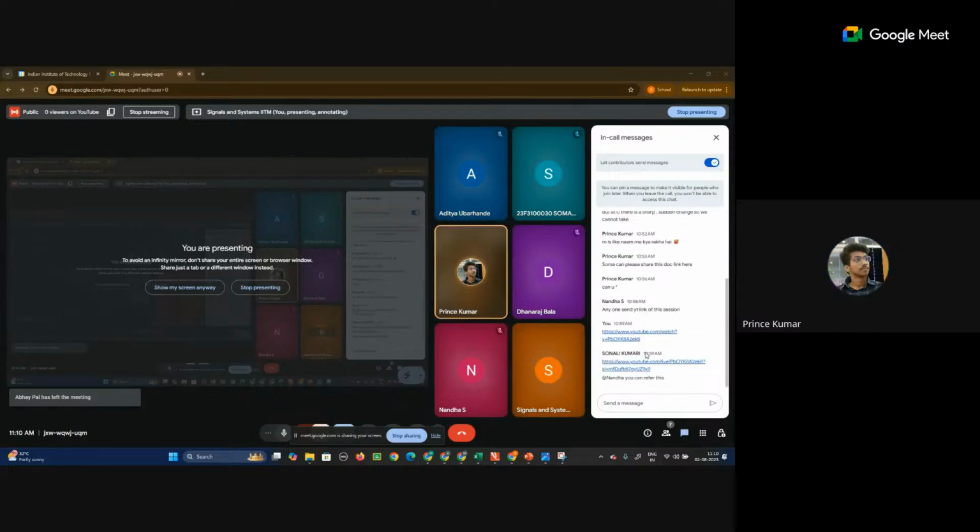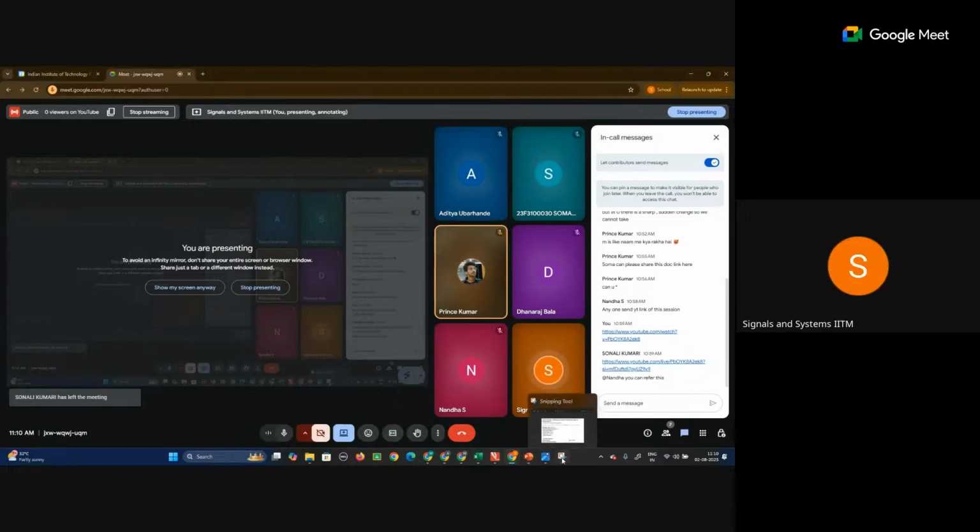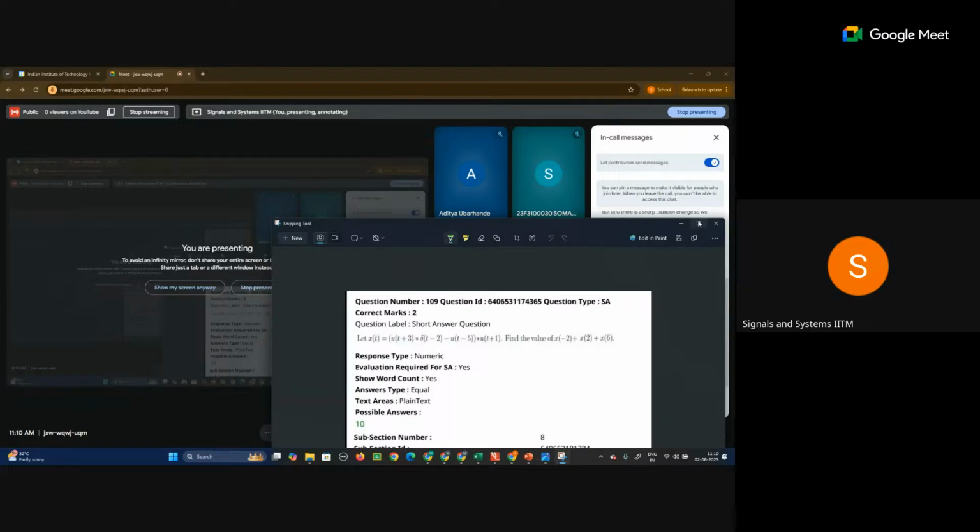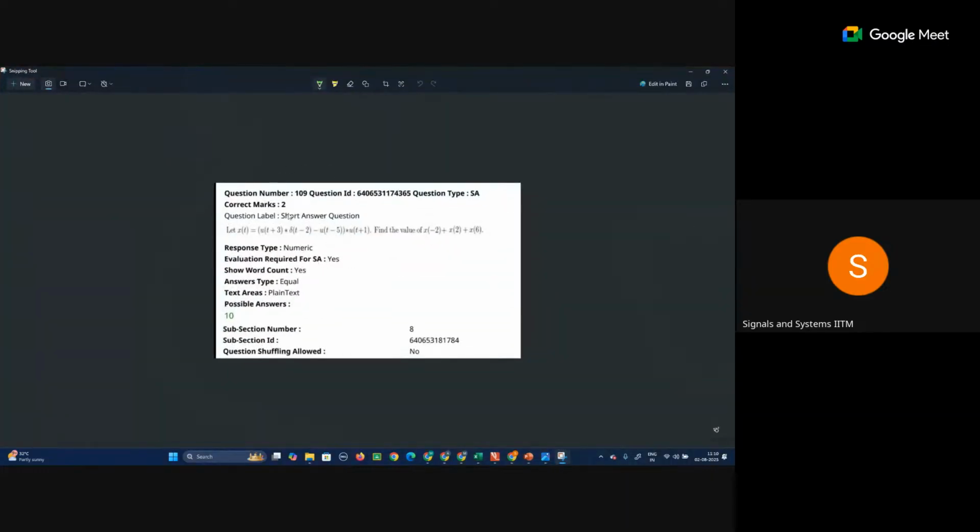So here they have given this, and one property which we have to remember over here is u of t convolved with u of t is r of t, right? So they have given x of t is this.